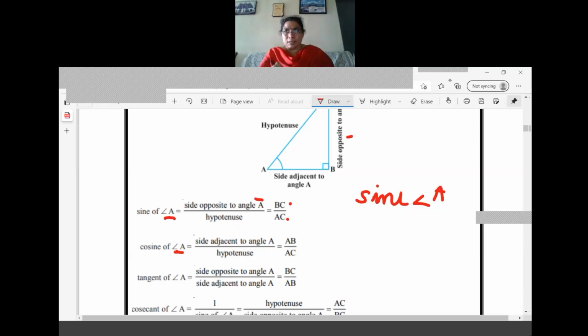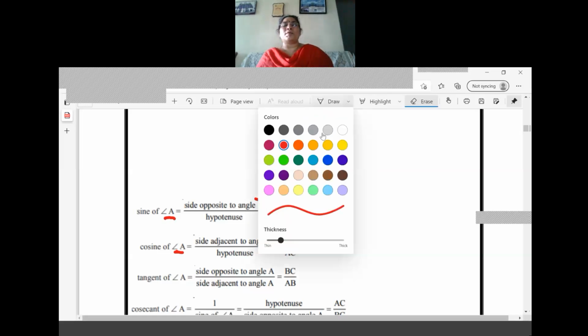You have to learn the three names first. The first one is sine, now cosine we have learned. Now the last one is tangent. What is the tangent of angle A? It is the opposite side by the adjacent side, right? So we are using the opposite side by the adjacent side here.